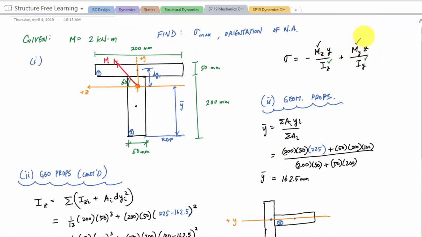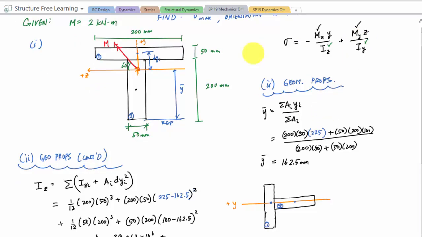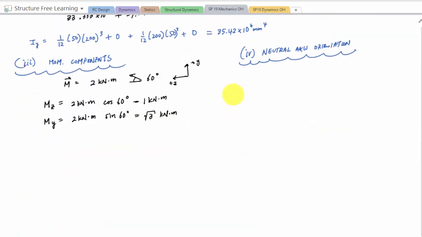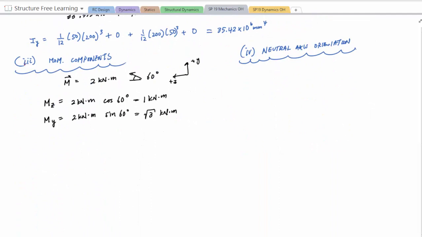I don't know if that rings a bell at all. And I think it was, we're going to have to double check this, but it was tangent alpha is tangent theta. I want to say it was Iz over Iy, but I could be wrong.